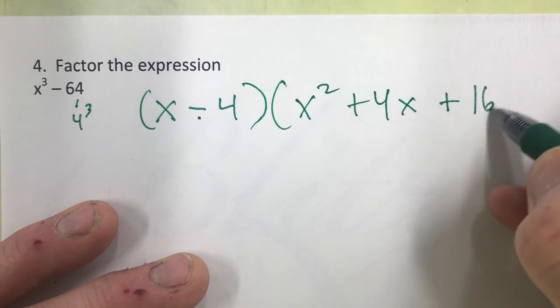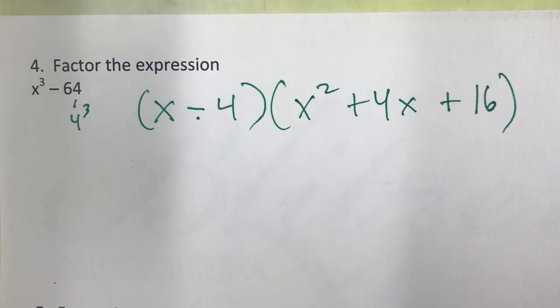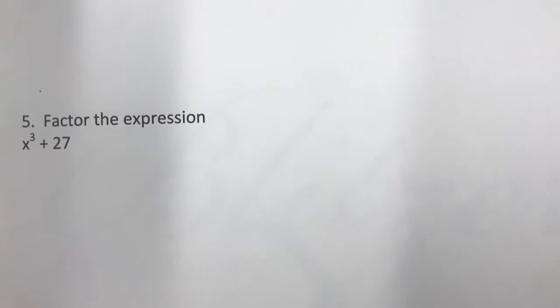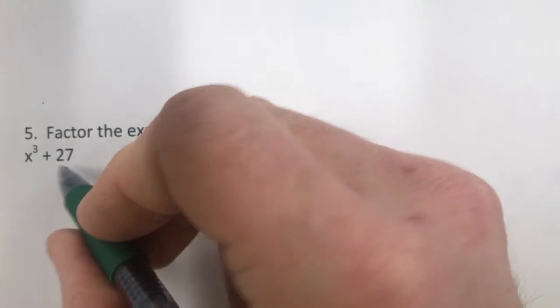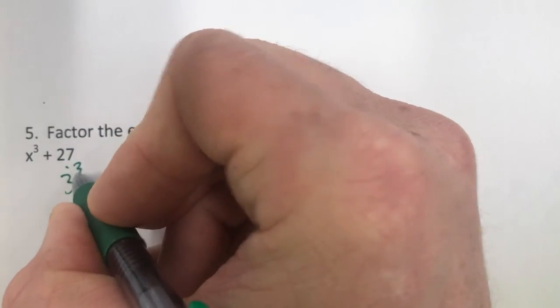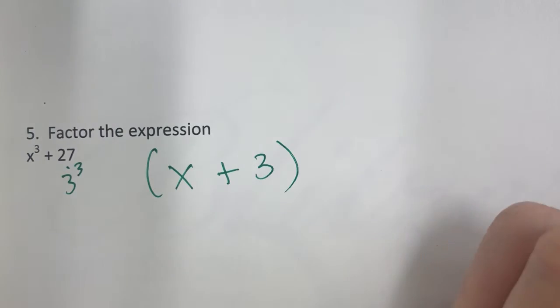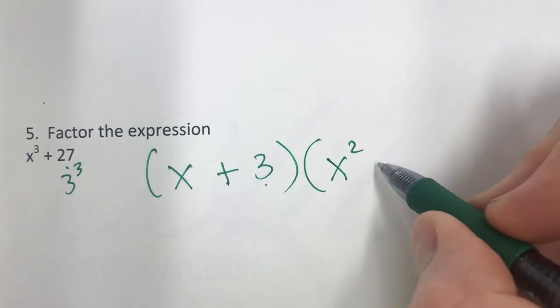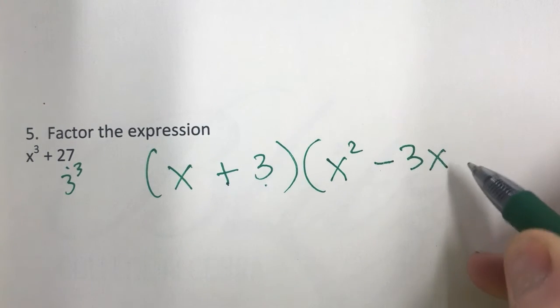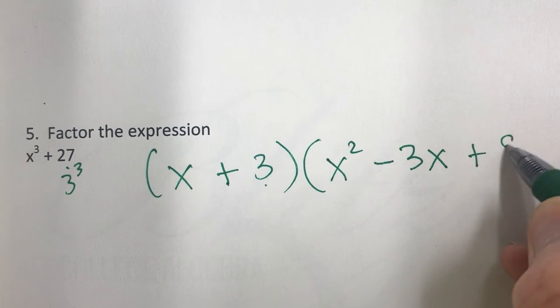It's going to be 4 squared, which is 16. Okay. Number 5. X plus the third root of 27 is 3. This is 3 to the third power. So I'm going to have x plus 3, which means I'm going to have x squared here. Since that's plus 3, I'm going to have minus 3x. And then I'm going to have plus 3 squared, which is 9.